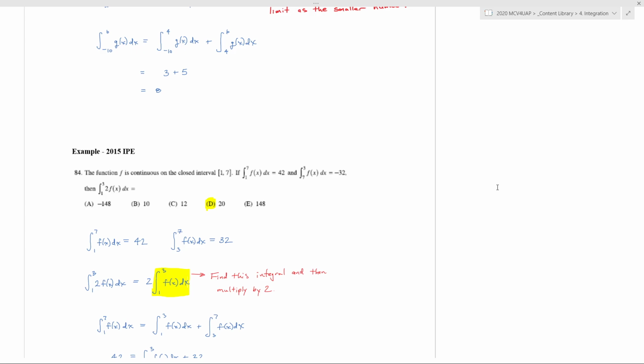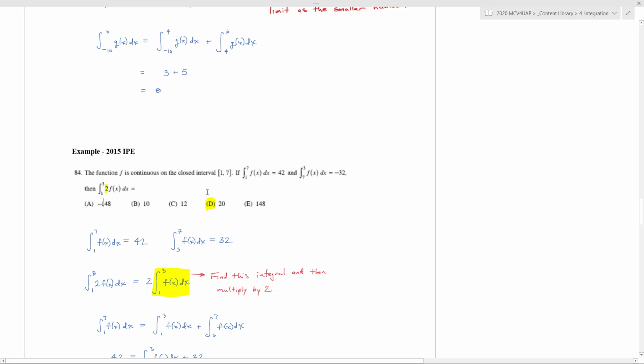So we have this additional level of complexity, which we can deal with easily by just taking it out of the integral, putting it out in front. So the integral from 1 to 3 of 2f of x dx is the same as 2 times the integral from 1 to 3 of f of x dx.